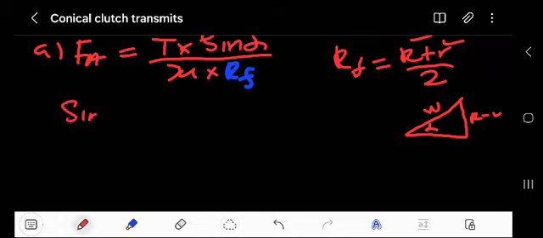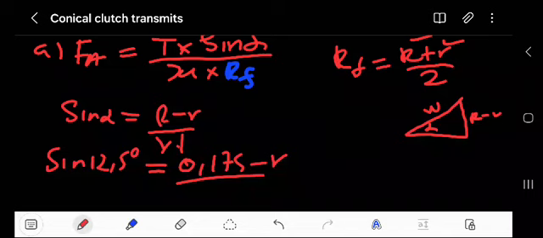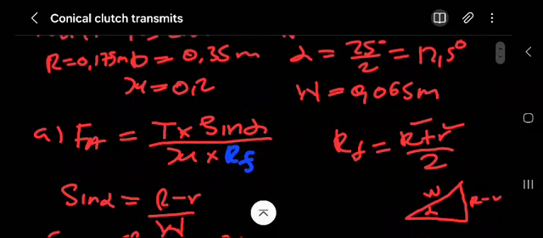Sine of that angle will be R minus r divided by the width. This is sine of 12.5 degrees, because it was 25, then this will be 12.5 degrees. The big R we know is 0.175, minus small r we don't know, and the width we're given was 0.065.